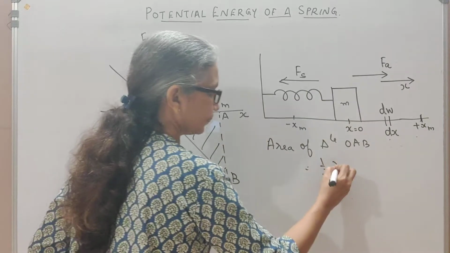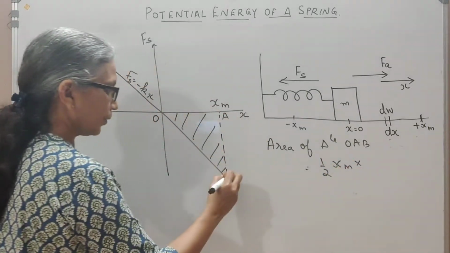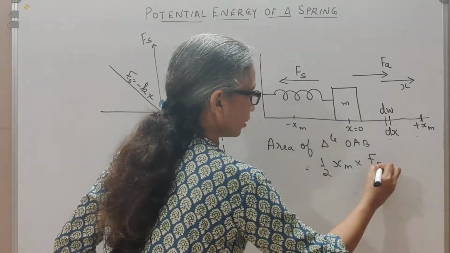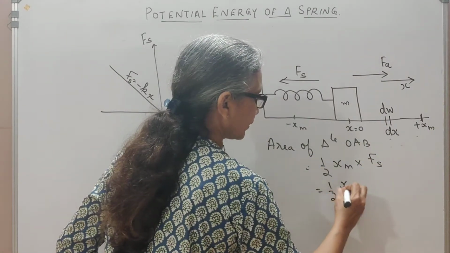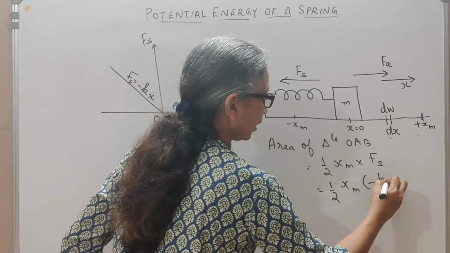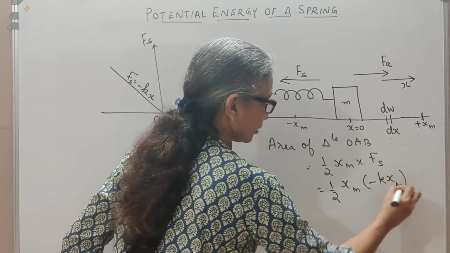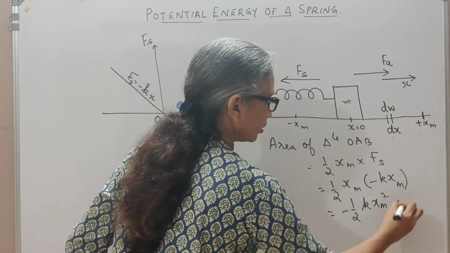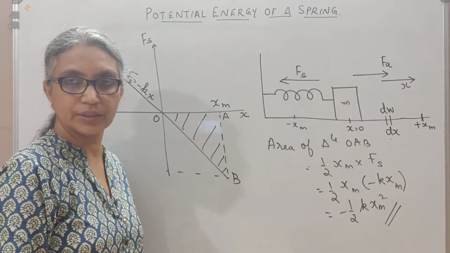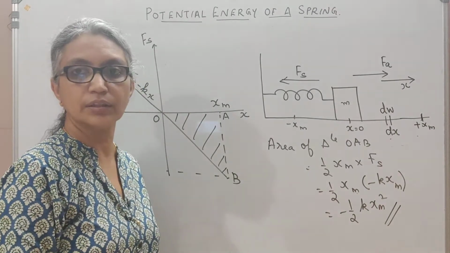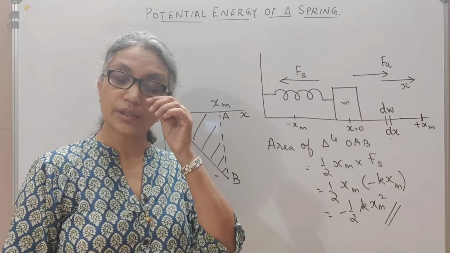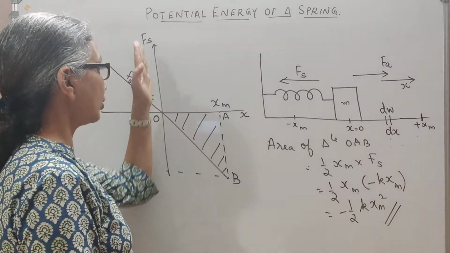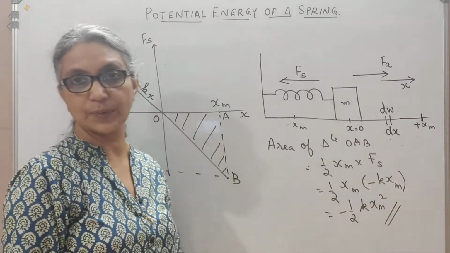Base is xm into the force Fs, because this is a force axis, which is half into xm into minus k xm, so minus half k xm squared. This is what we got as work done by the spring force. So we can get the work done by the graphical method by finding the area under the spring force versus displacement graph.